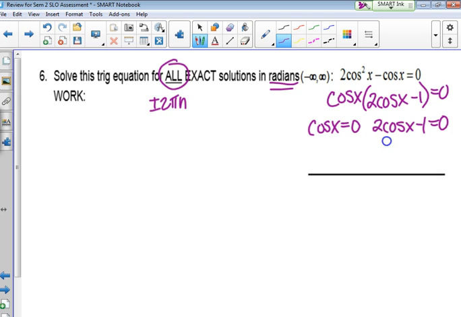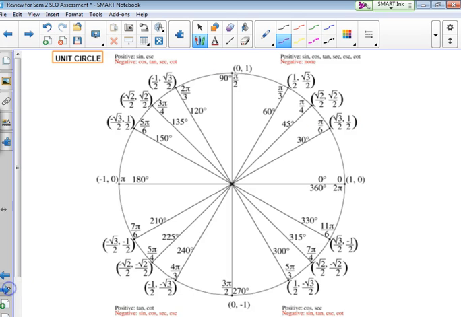So if the cosine is 0 or the cosine is 1/2, if I go to my unit circle, it says to answer in radians. Where am I looking for cosine? Yes, the x coordinate. There's a 1/2, there's a 0, there's a 0, and there's a 1/2.